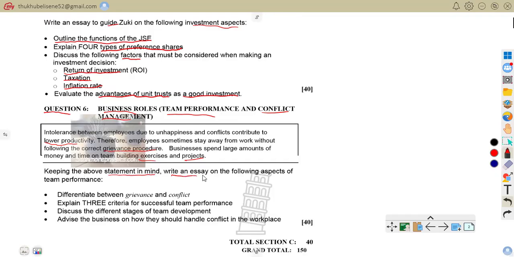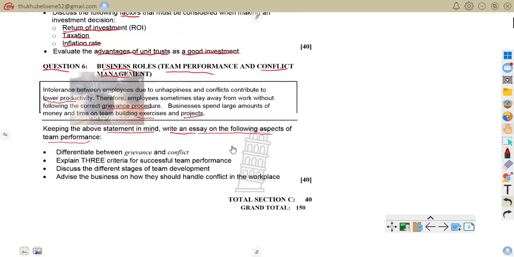Write an essay on the following aspects of team performance. Like in question 5, we're given the aspects, and then we are to write an essay based on them. The first one says differentiate between a grievance and a conflict.